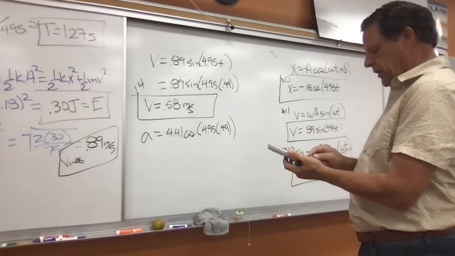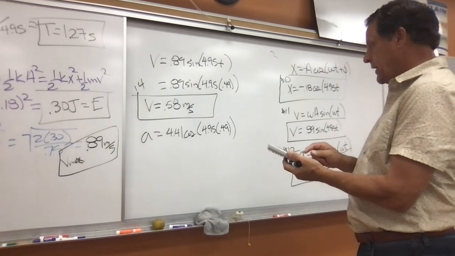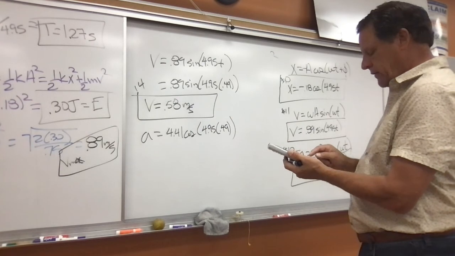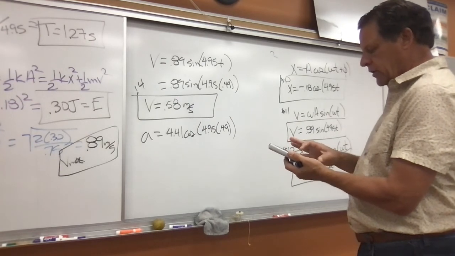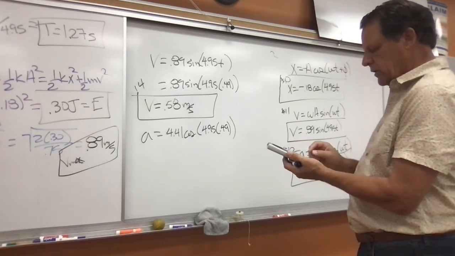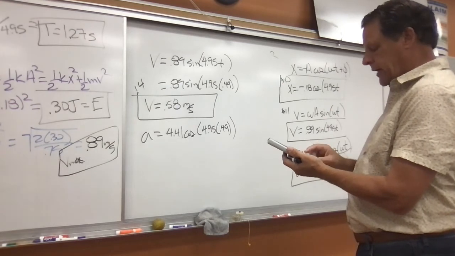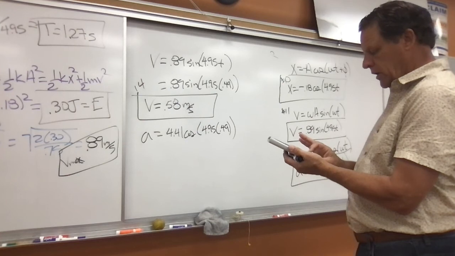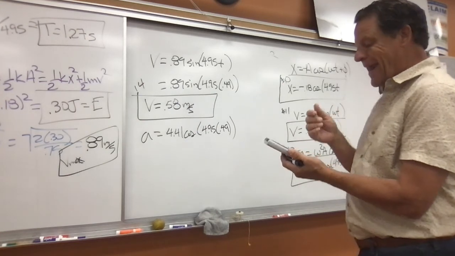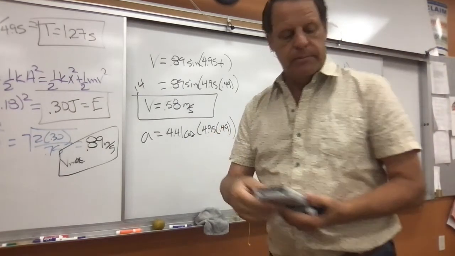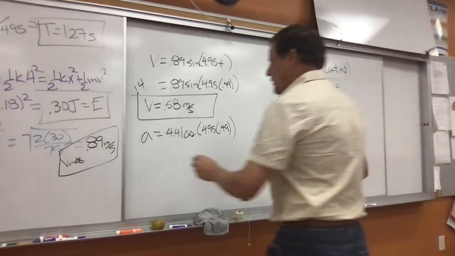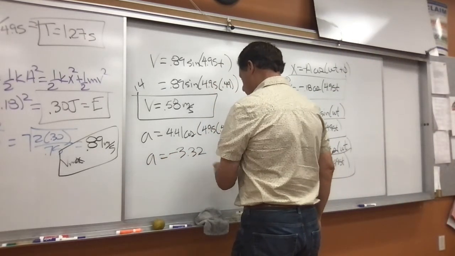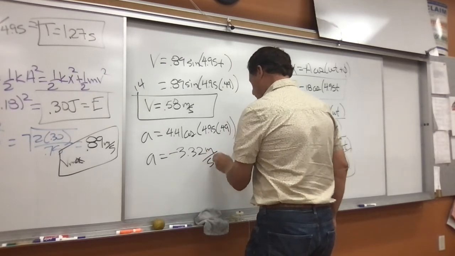So 0.49 times 4.95 equals, now we're going to take the cosine of that answer, and now we're going to multiply by 4.41, and we're going to get negative 3.32. So our acceleration is negative 3.32 meters per second squared.